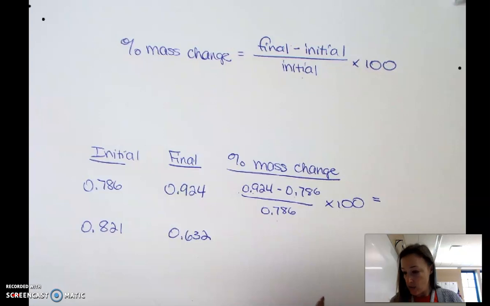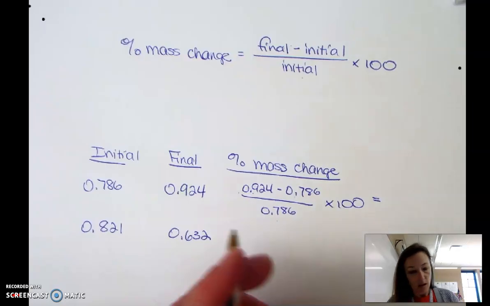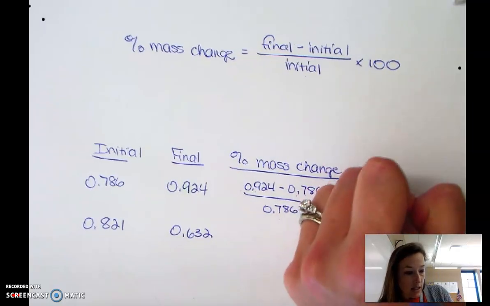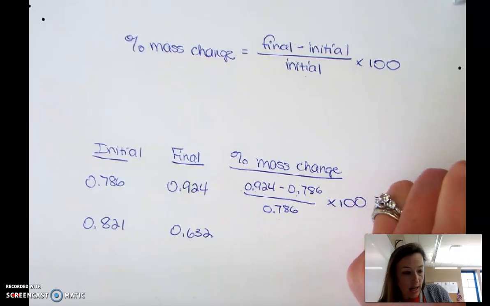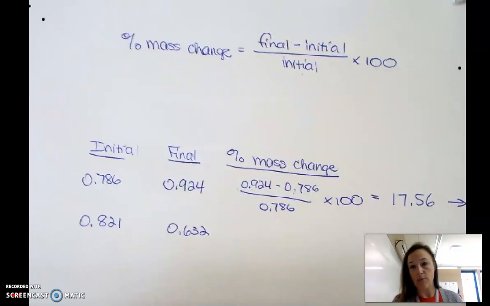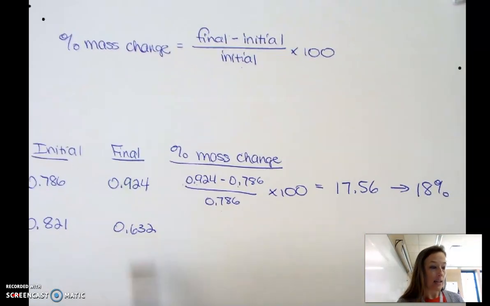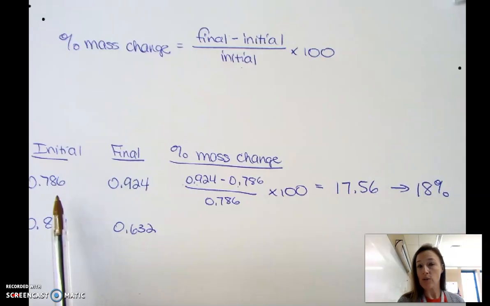And so that is going to be 17.56, which I'm going to round to 18%. And so what we're saying is that this sample gained, because it's positive, about 18% of its original weight. So almost a fifth of its original weight in this overnight soak.